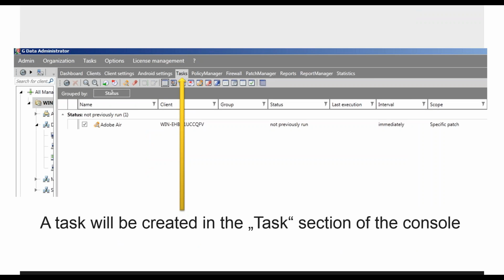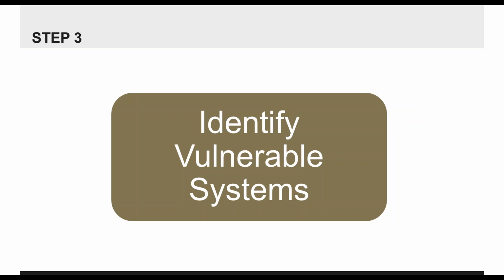As soon as you have created this job, this task will be implemented within the task section. So you can see this status, not previously run, will be changed after you've identified possible vulnerable systems.